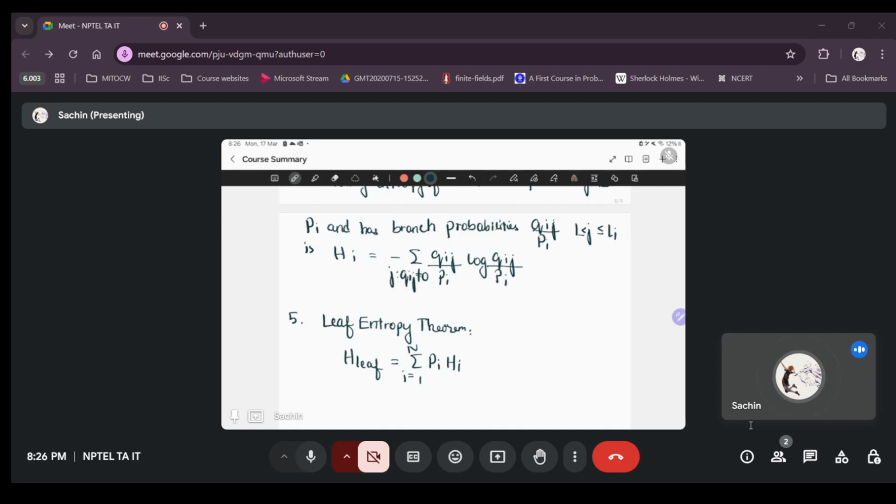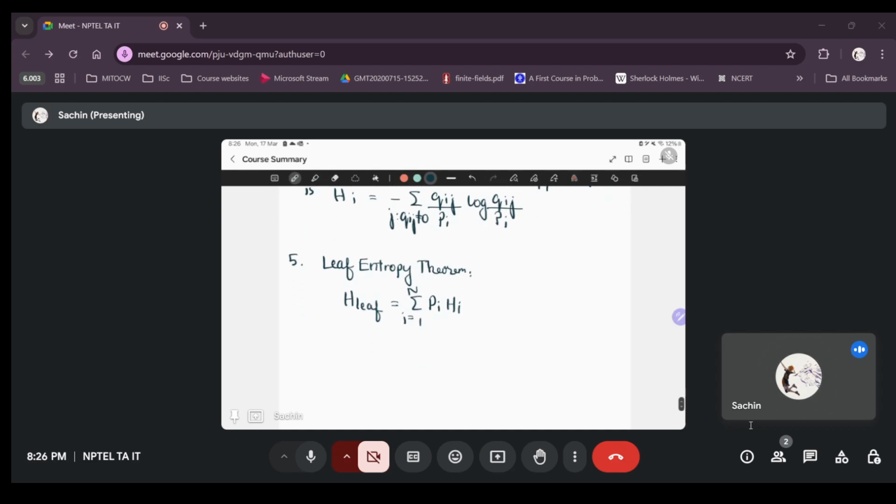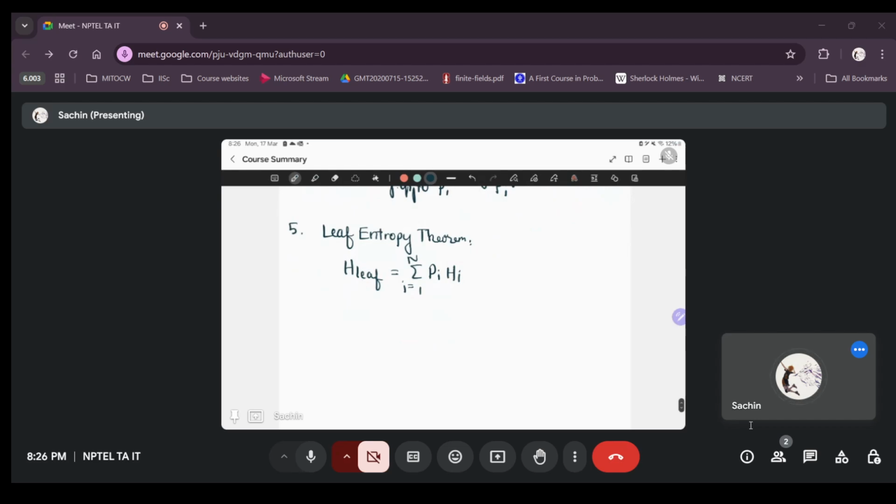Using all these results, we finally get E of W is greater than or equal to H of U by log D.